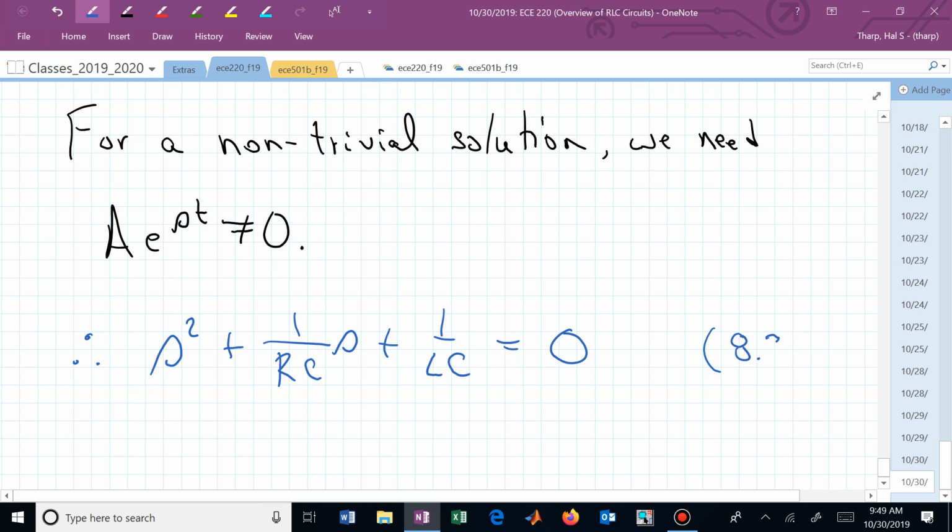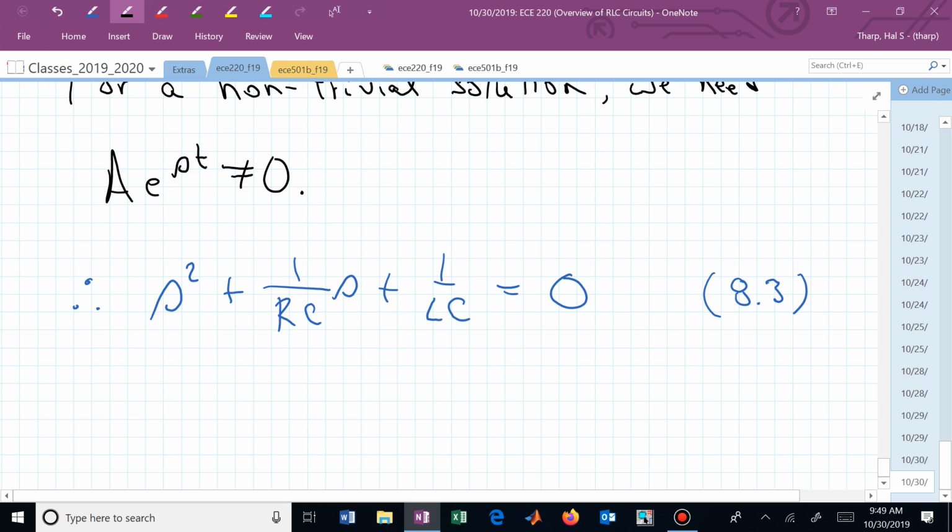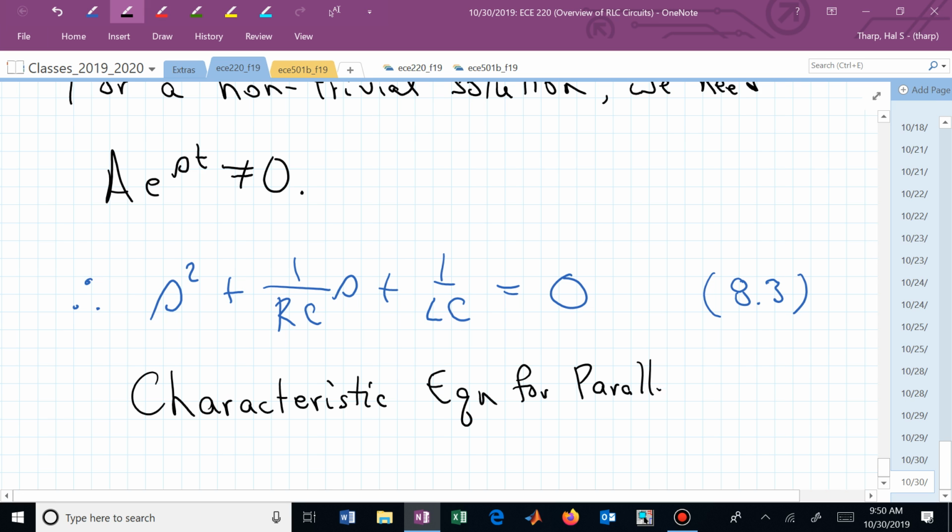This is, in fact, equation 3 in the textbook, and this is referred to as the characteristic equation. This gives you the characteristic behavior of your circuit if you find the values of s that satisfy this quadratic equation. This is now the quadratic or characteristic equation for the parallel RLC circuit.